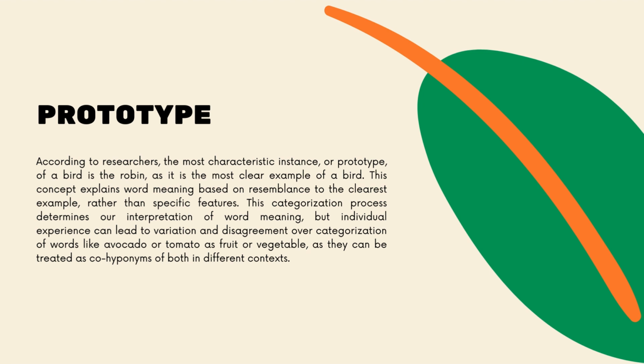This categorization process determines our interpretation of word meaning, but individual experience can lead to variation and disagreement over categorization of words like avocado or tomato as fruit or vegetable, as they can be treated as cohyponyms of both in different contexts.